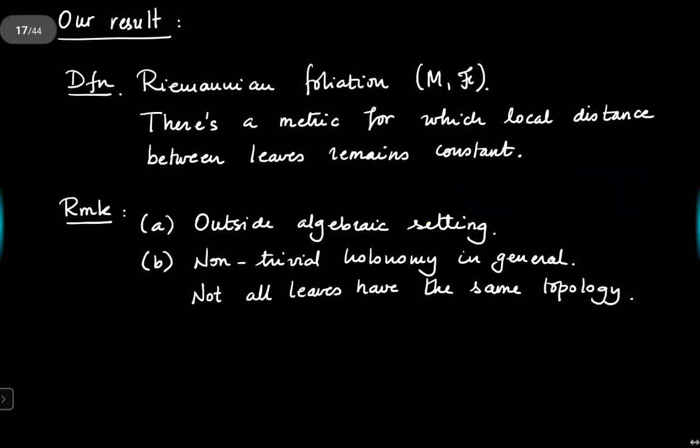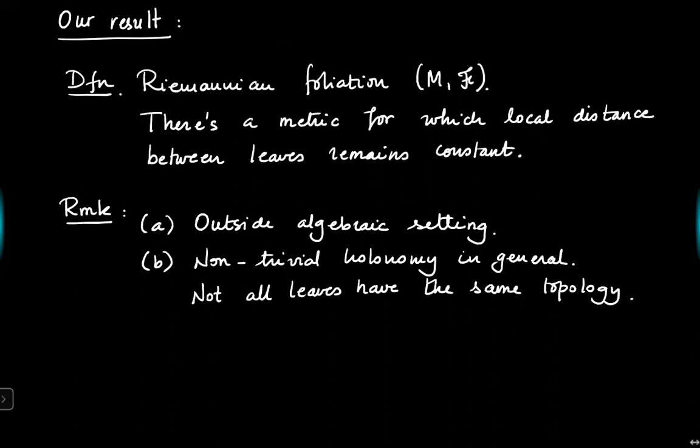So what is it that we do? We study Riemannian foliations. A Riemannian foliation is, in a sense, closer to the algebraic example. In the algebraic example, the transverse structure was modeled on a Lie group.